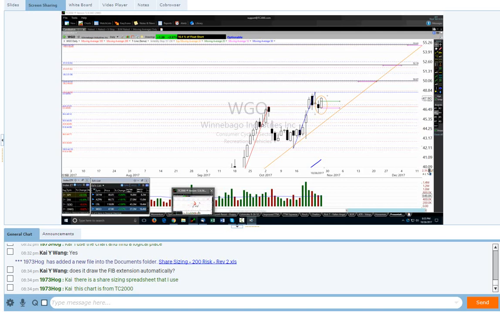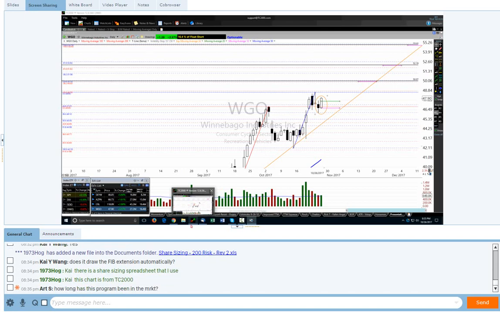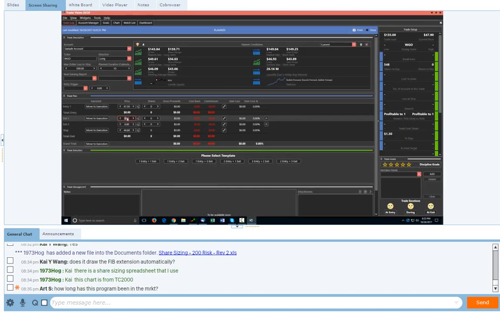Second target was about 52.10. And it says I can buy 500 shares under that, 548 shares under this arrangement with that tight stop. Let's just make it 500 shares.